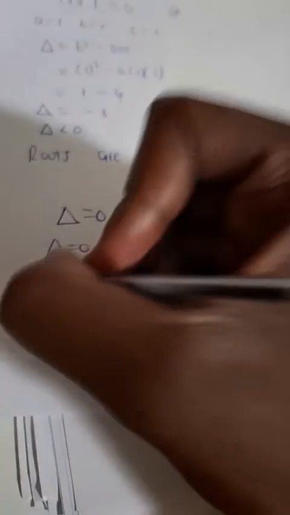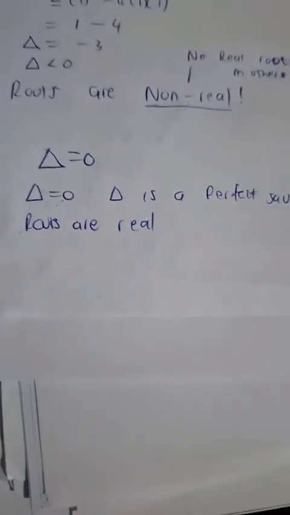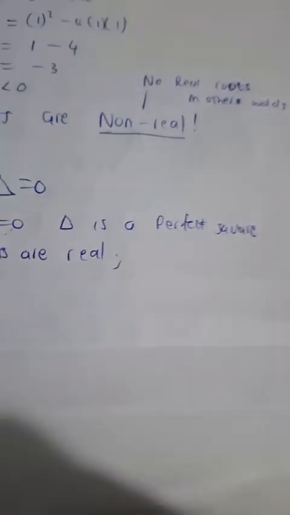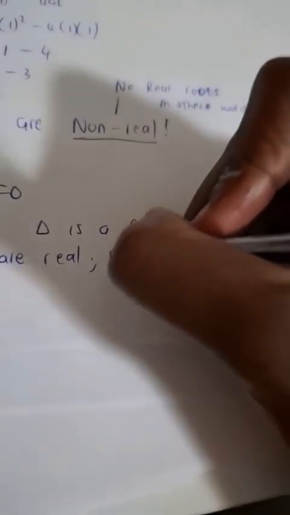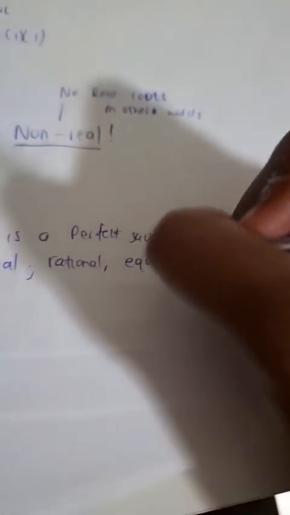Then what would you say? You would say roots are real. Remember, if it's equal to 0, it still means roots are real. Rational or irrational? Remember, if it's a perfect square, it means the roots are rational. And then last but not least, if delta is equal to 0, it means the roots are equal.